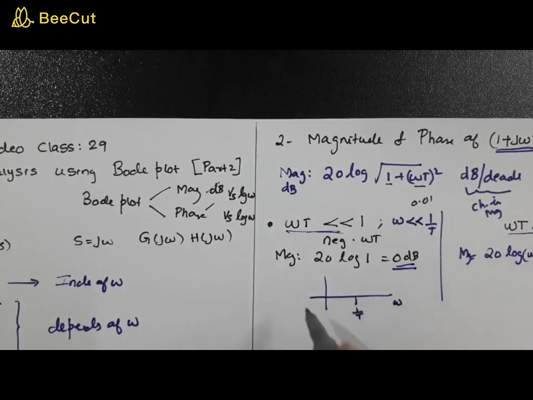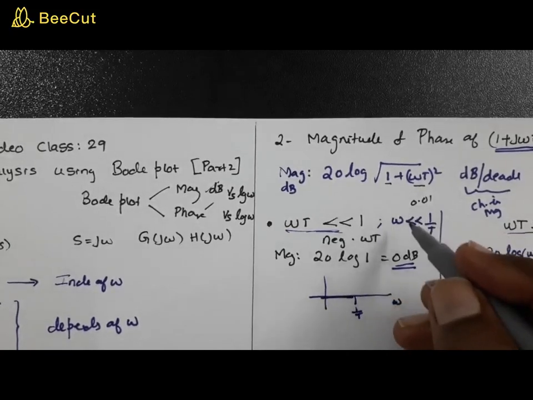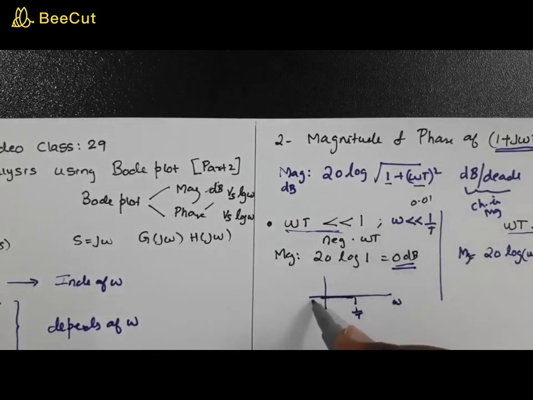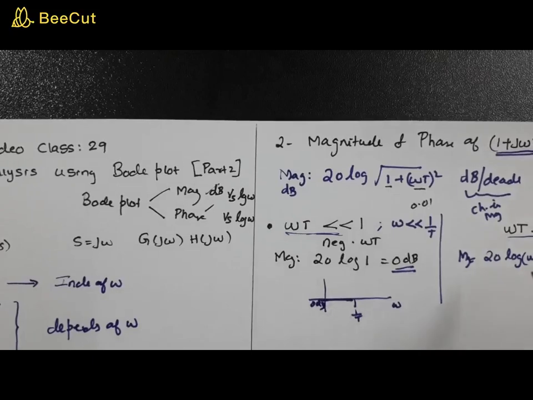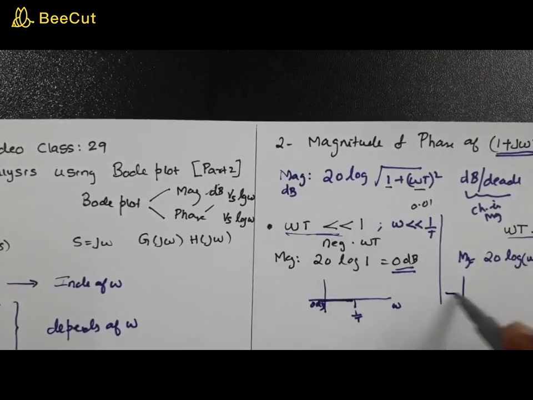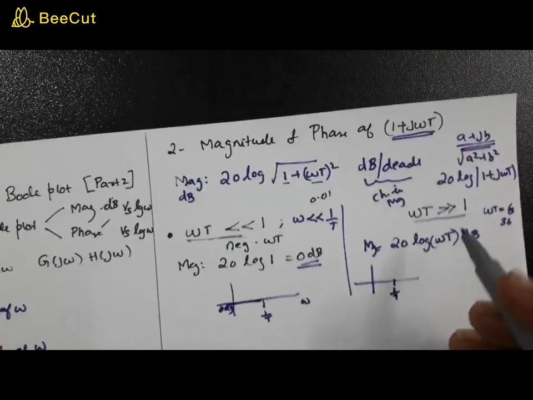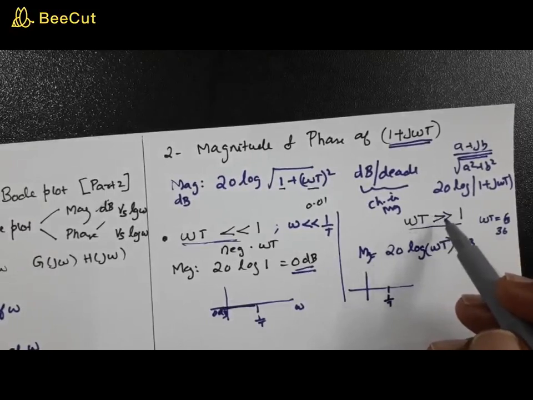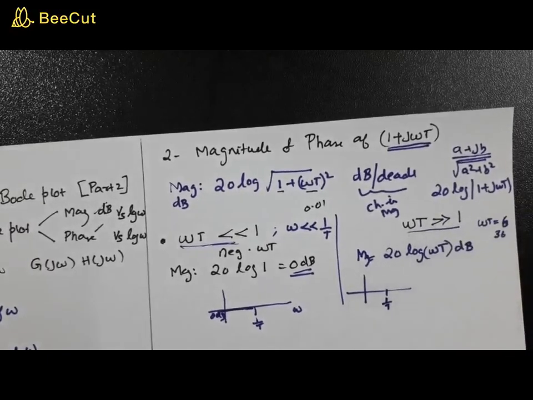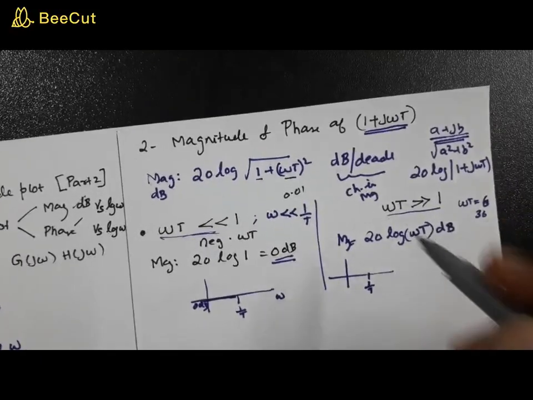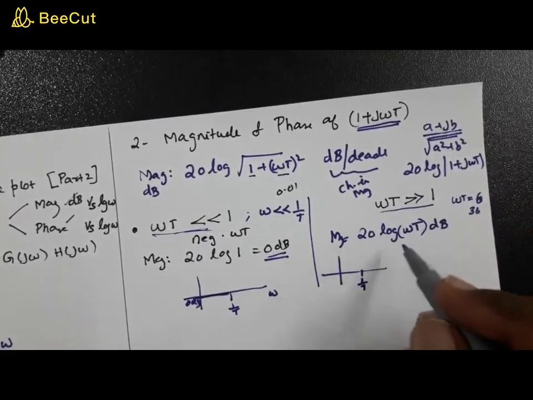Until this point, where omega is less than 1 by t, the magnitude is 0 dB. But what is the meaning after this? We are going to plot the graph after 1 by t, where omega is much greater than 1 by t. How will we plot this?